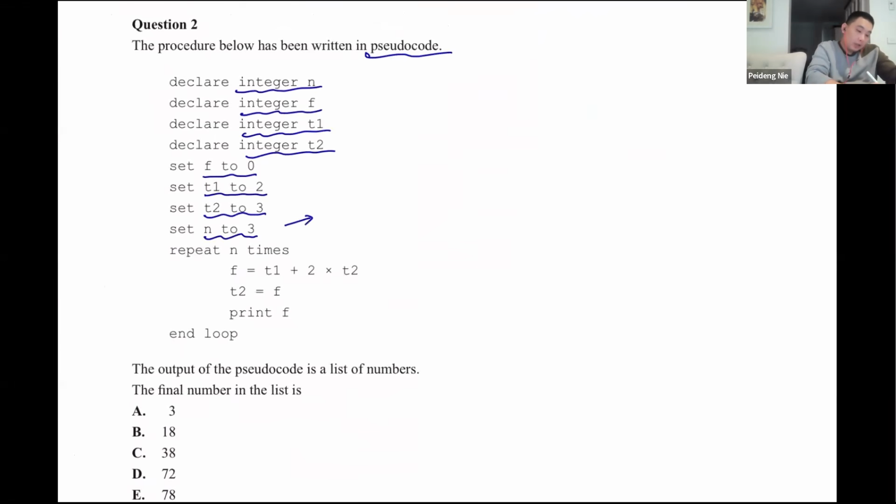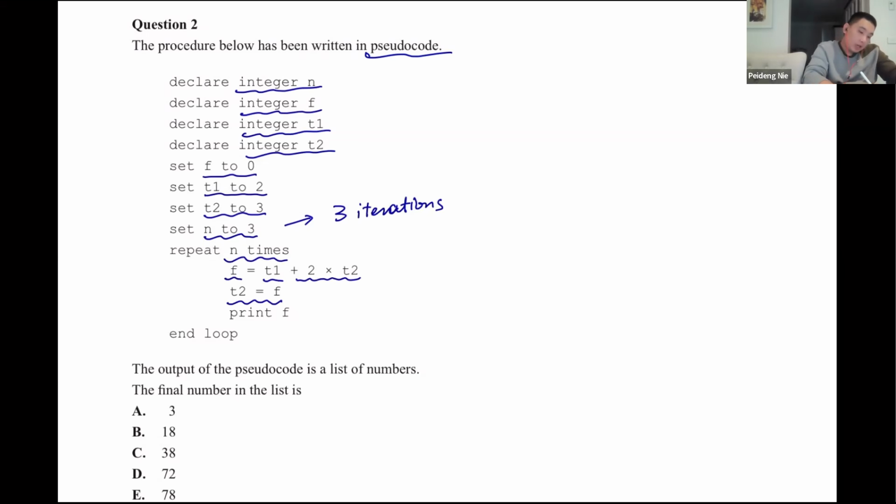That means we have 3 iterations, because the whole process will be repeated 3 times. And f is simply t1 plus 2 times t2. Your next calculation is to store that in t2, so f is just an intermediate stage.